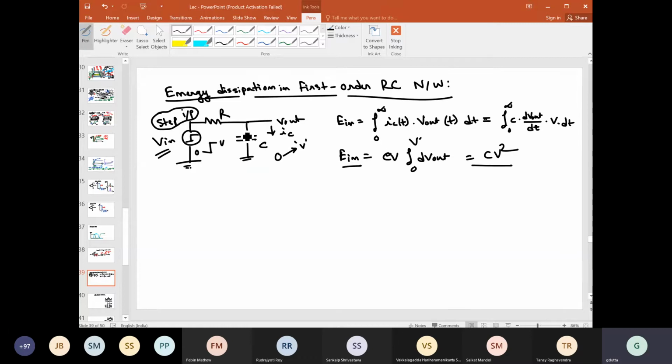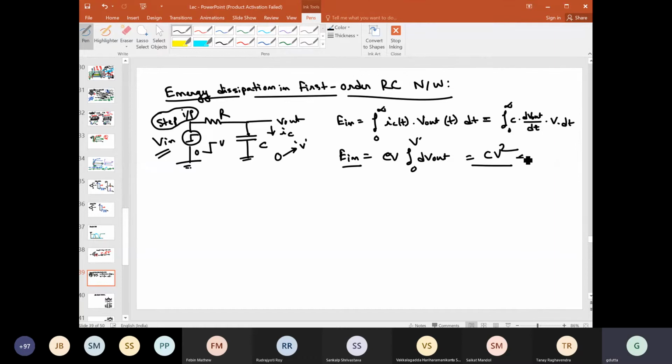Observe one thing: even though the resistance is present here, the energy delivered by the source is independent of the value of this resistance. It does not depend on it. It's only this CV square. It depends on this voltage level and the capacitance value, not on this resistance value. Okay, so CV square is the energy delivered by the source.